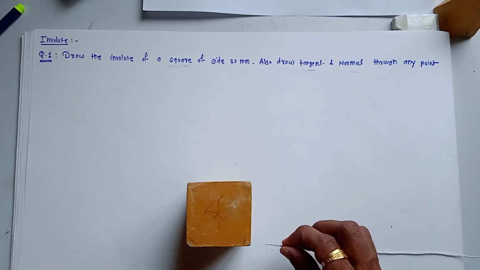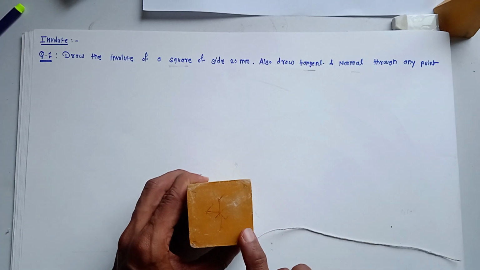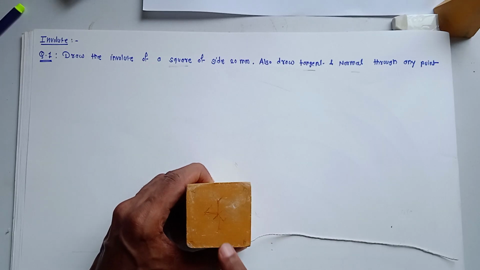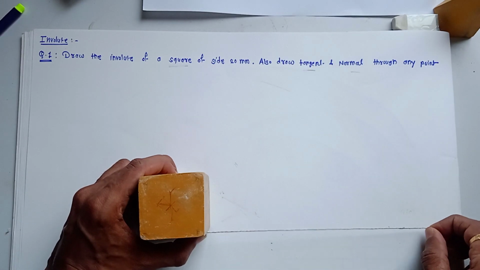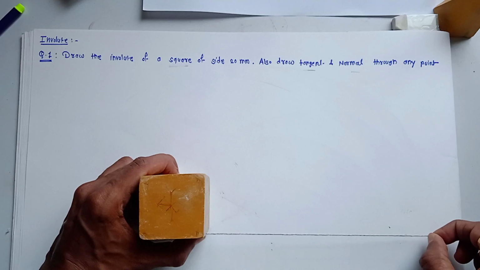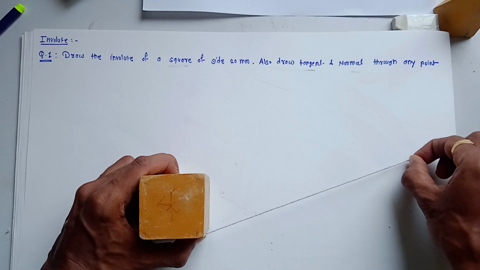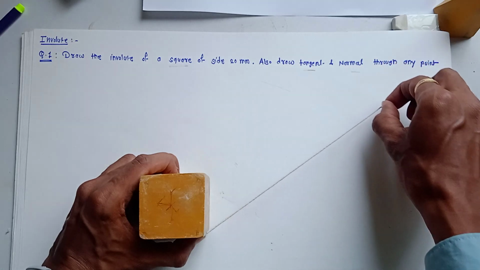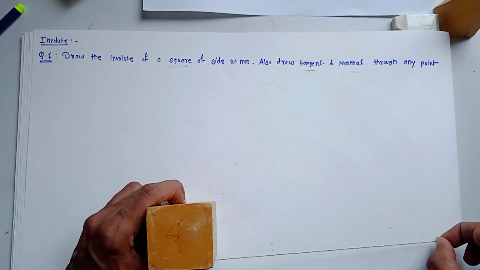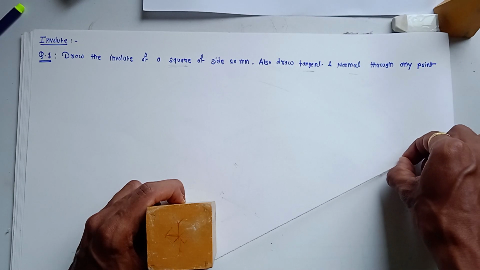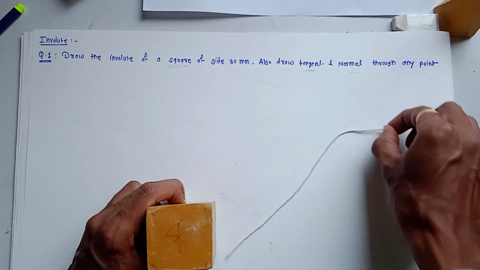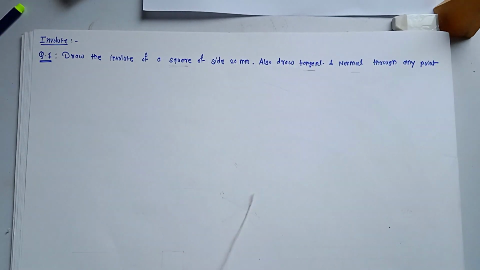If we attach one end at a corner of the polygon, and keep the string always tight, and wound the string like this, then the second end point of the string will trace out one curve. That curve generated is called the involute curve.